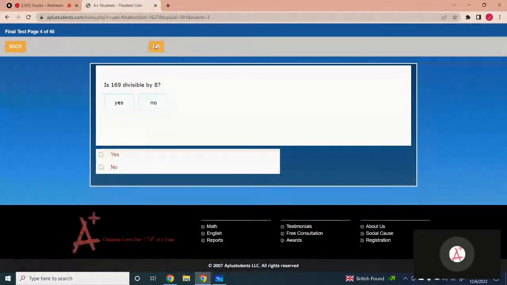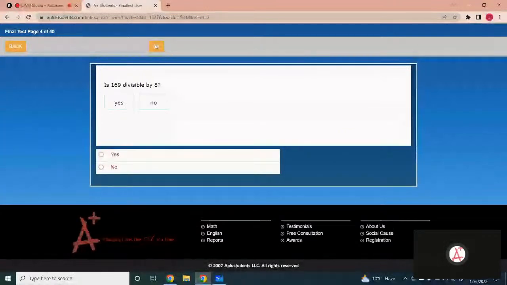Okay, is 169 divisible by 8? No, the number is not divisible by 8, because the divisibility rule for 8 is that a number is divisible by 8 if the last three digits are divisible by 8.